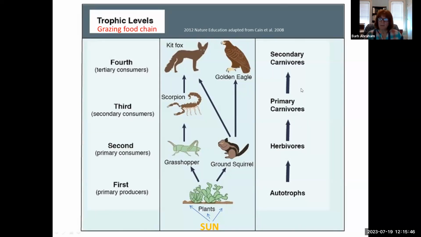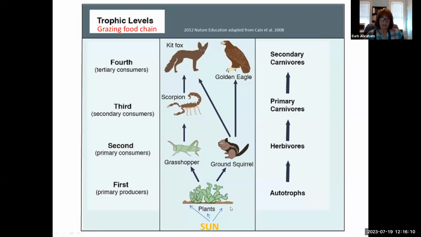And in the tropics, you probably have 3 or 4 levels, and also in the oceans in many areas. So if you think of what we tend to call the top carnivores, they are the animals that aren't eaten by anything else, and they may actually be at the first level here of carnivores or higher up, depending upon the particular ecosystem.